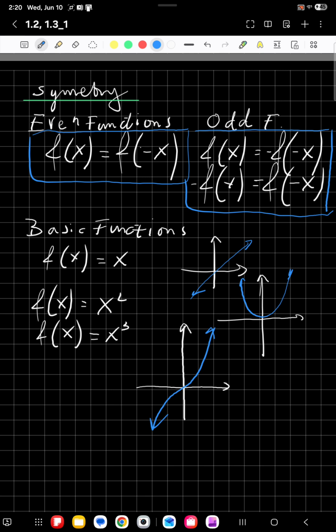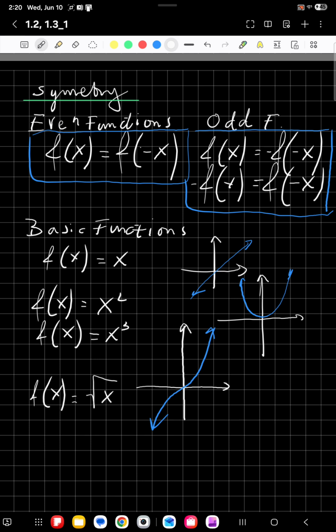Okay, so cubic function. What else we have? And then next one is, let me write it here. So f of x square root, so square root of x.